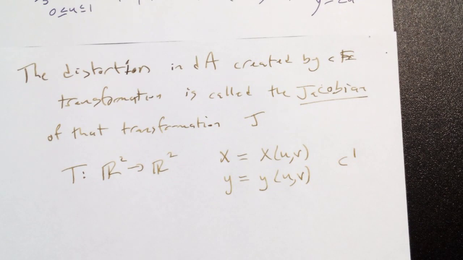Hey, wait a minute. I've done this before. How did we do the area for a parallelogram? Way back in chapter 12, a long time ago. How did we find the area of a parallelogram if we knew the sides of that parallelogram?